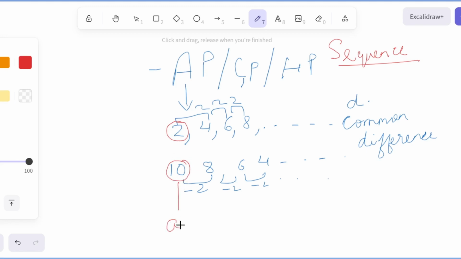We write it as a. What is a? It is the first term. So d is the common difference, a is the first term. And how many terms will be there? We call it n terms, which we can calculate if we know the values of a and d.